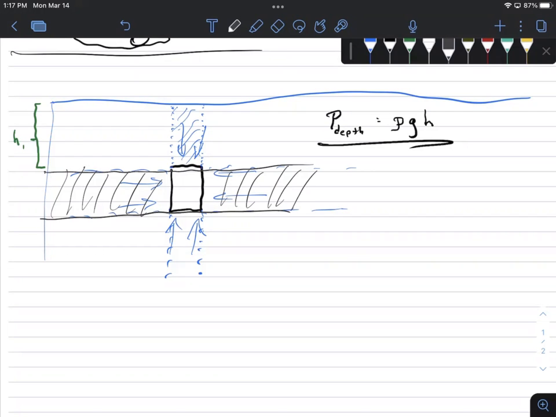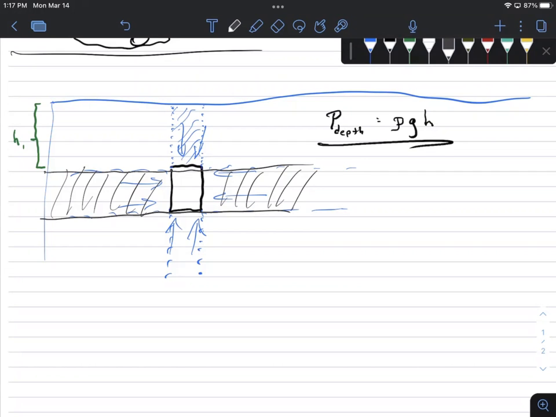Now, of course, if there's a current, if the water is moving, then it's going to move the object too. But if I just have a nice still pond and I throw a rock in the pond, the rock's just going to fall down. It's not going to move to the left or move to the right. And that's because the pressure under the water is balanced from left to right. However, top to bottom is not balanced.